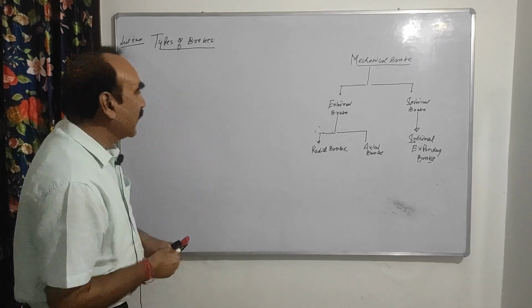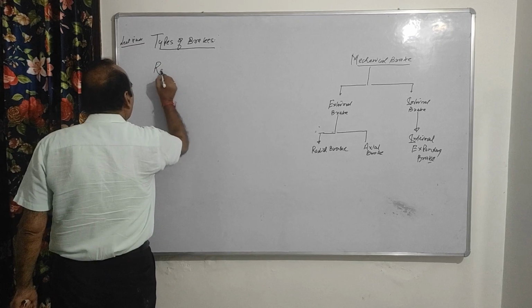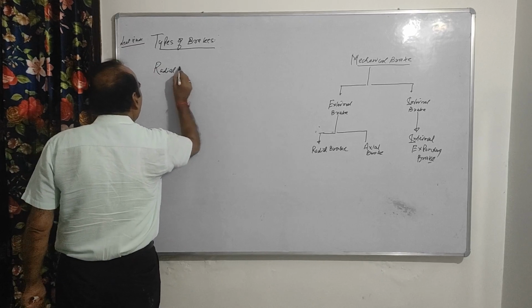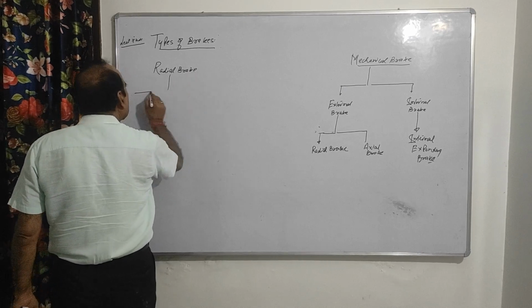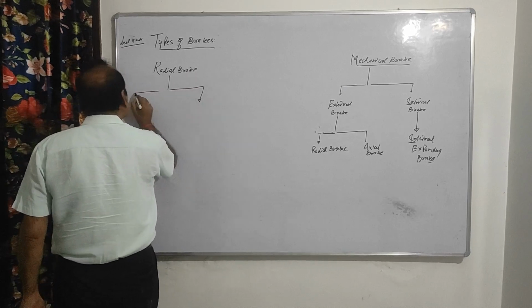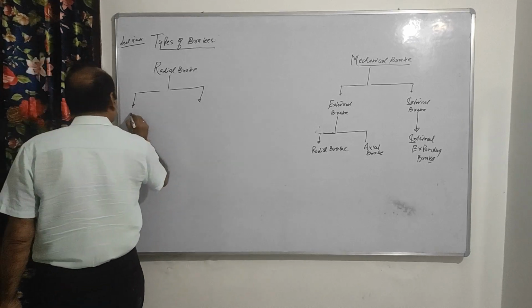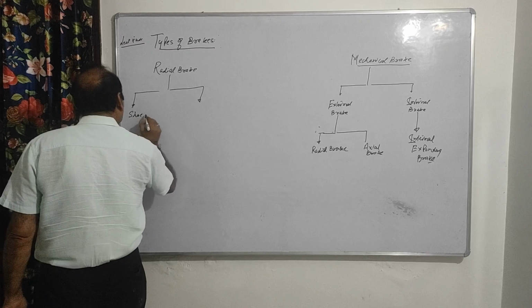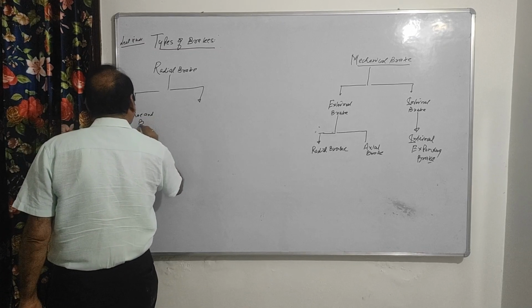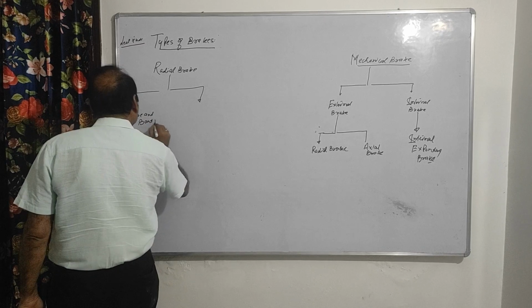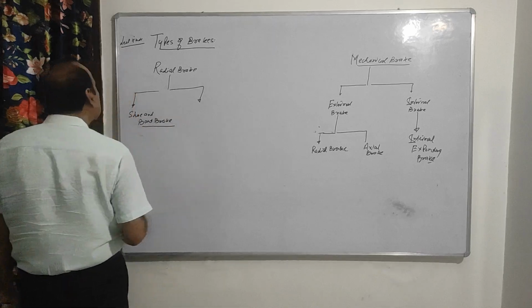So radial brake जो है, radial brake, this is two parts, that is shoe and band brake, right?